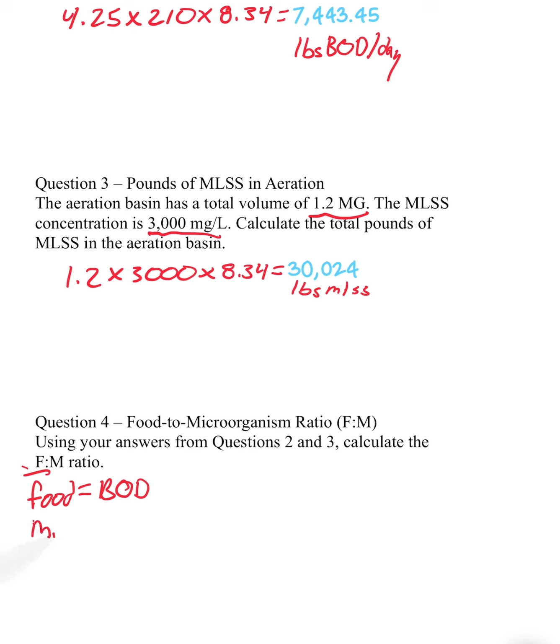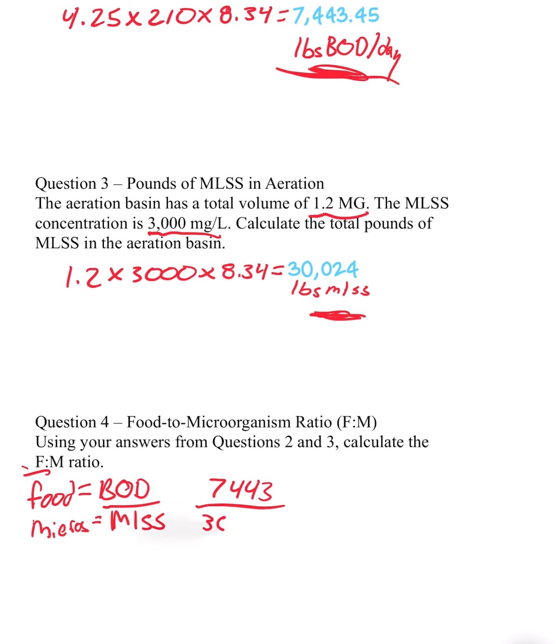Next, we have microorganisms, and that's going to equal MLSS. So F/M ratio is pounds of BOD divided by pounds of MLSS. If we know that our pounds of BOD is right here and our pounds of MLSS, we just have to divide those.